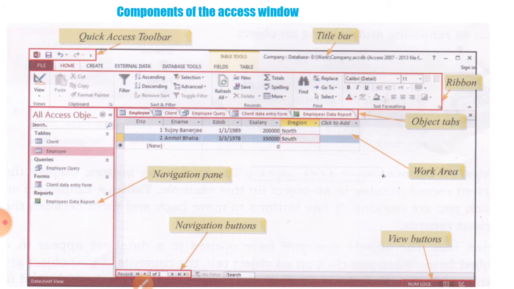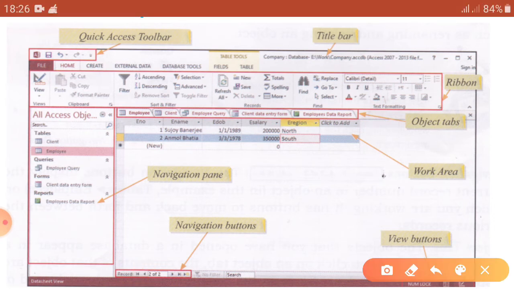Now we will be learning about the components of the Access window. The first component of the Access window is the title bar. So here it is, the title bar. The top bar is known as the title bar. It is present at the top of the MS Access window.